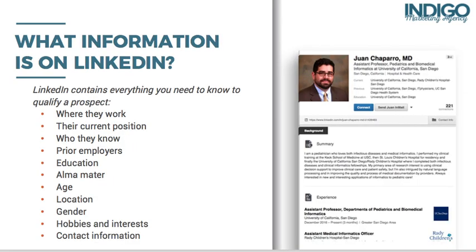So what information is on LinkedIn? Well, there's more information about a person's qualifications as an investor on LinkedIn than on any other social media platform. That's why it's so valuable and so important to us.